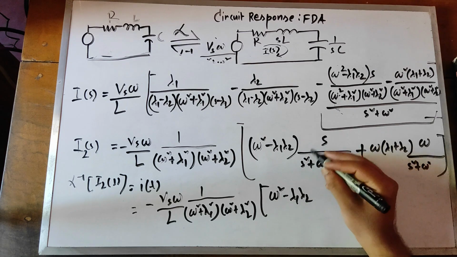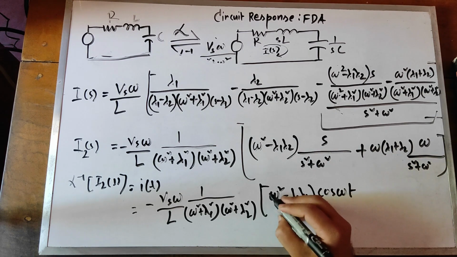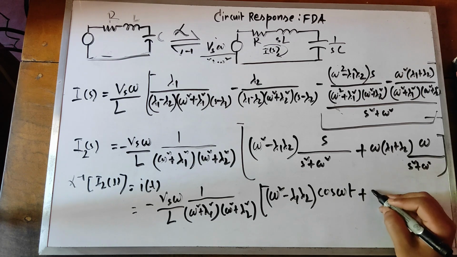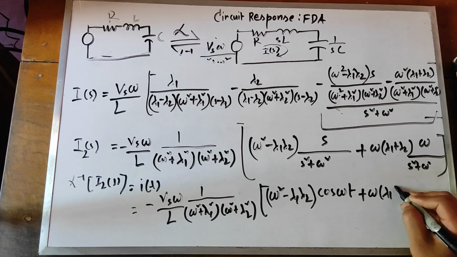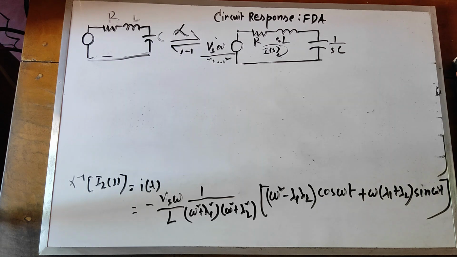So this will become cos omega t plus omega lambda 1 plus lambda 2. This will become sine omega t. So we're almost there.